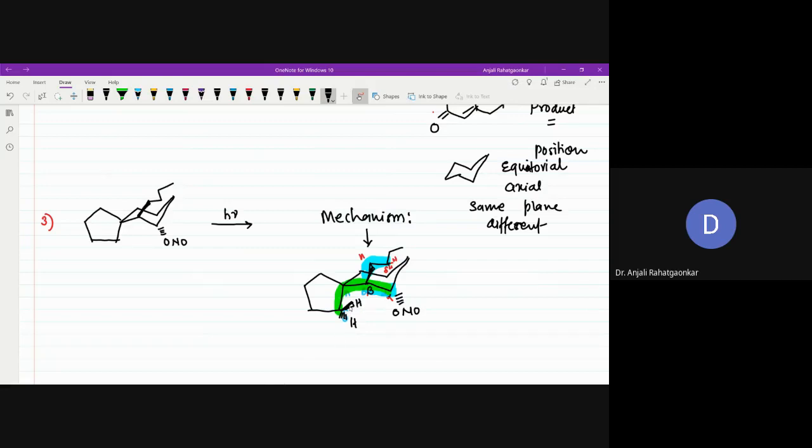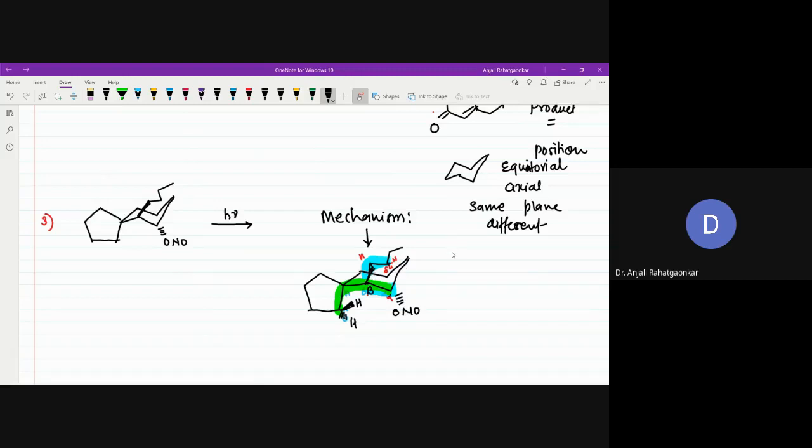देखो मैंने स्टीरियो केमिस्ट्री यहाँ पर बहुत अच्छी से की है. See this carbon is already out of plane. See these two groups are already out of plane. That you must understand. Because this is below the plane and this is above the plane.